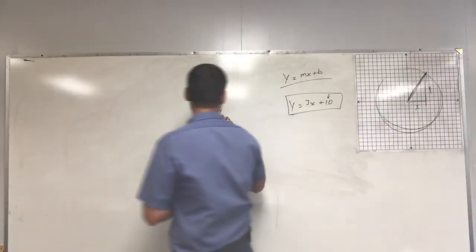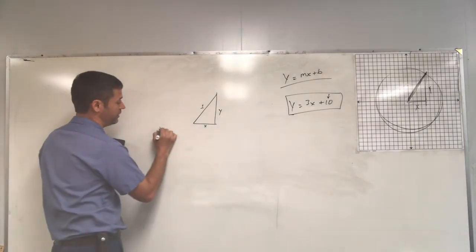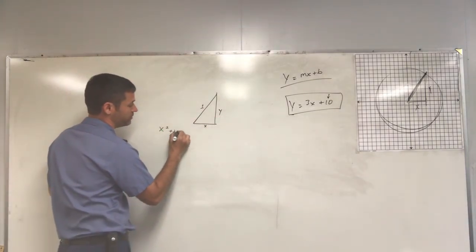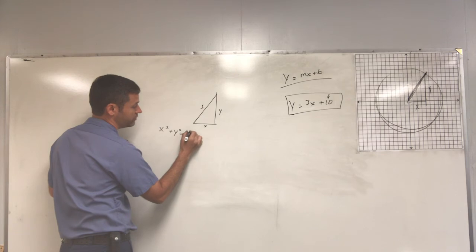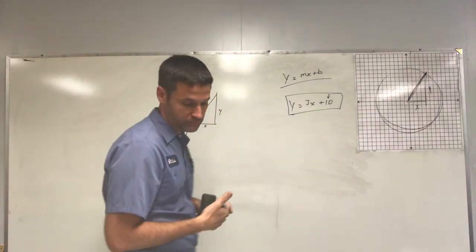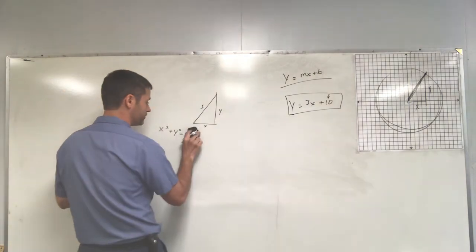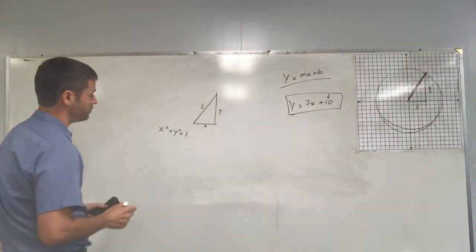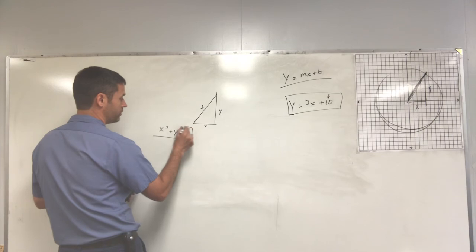The Pythagorean theorem would then tell us that x squared plus y squared is equal to 1 squared for this triangle. And since 1 squared is 1, you could just say x squared plus y squared equals 1.